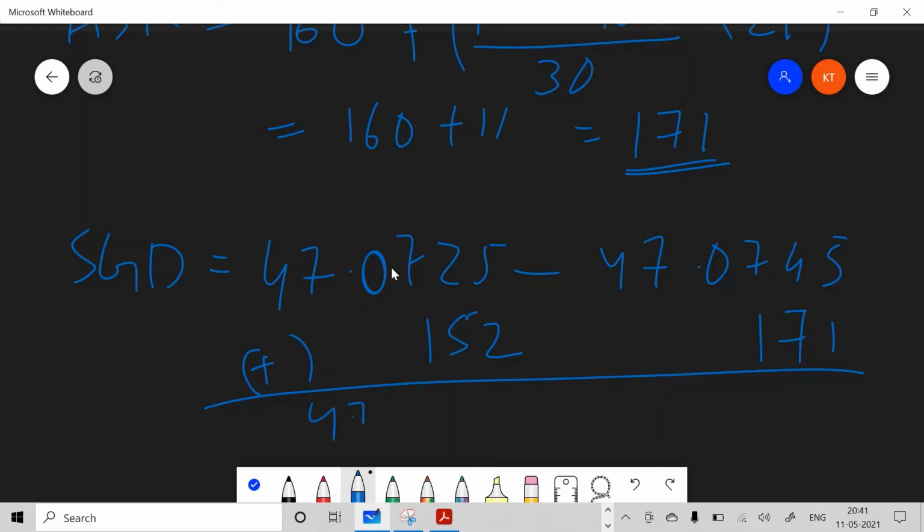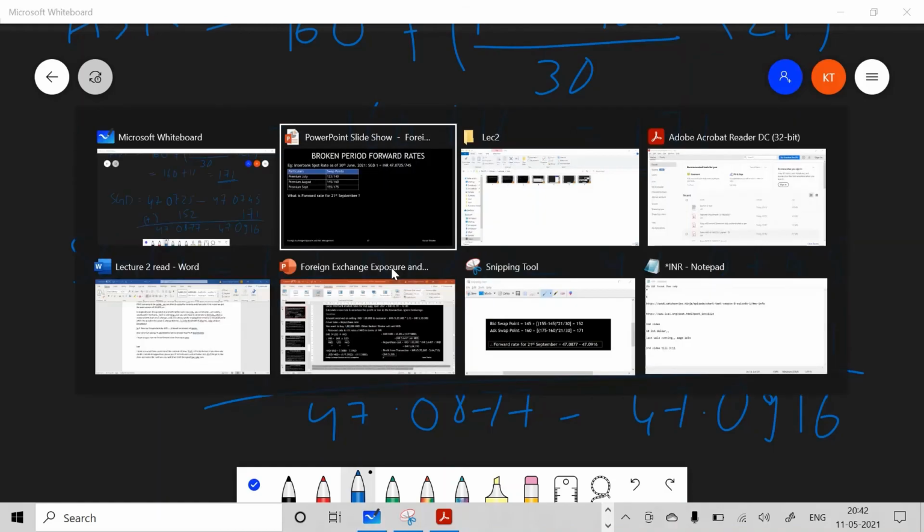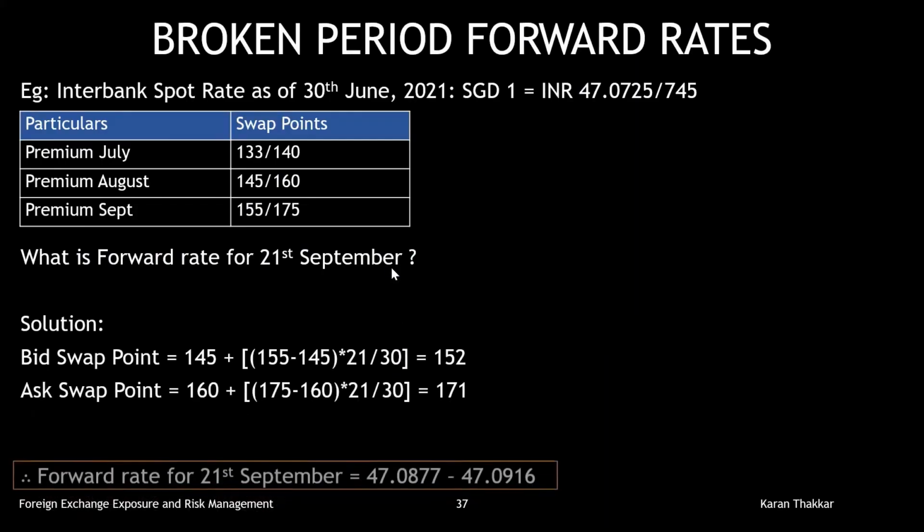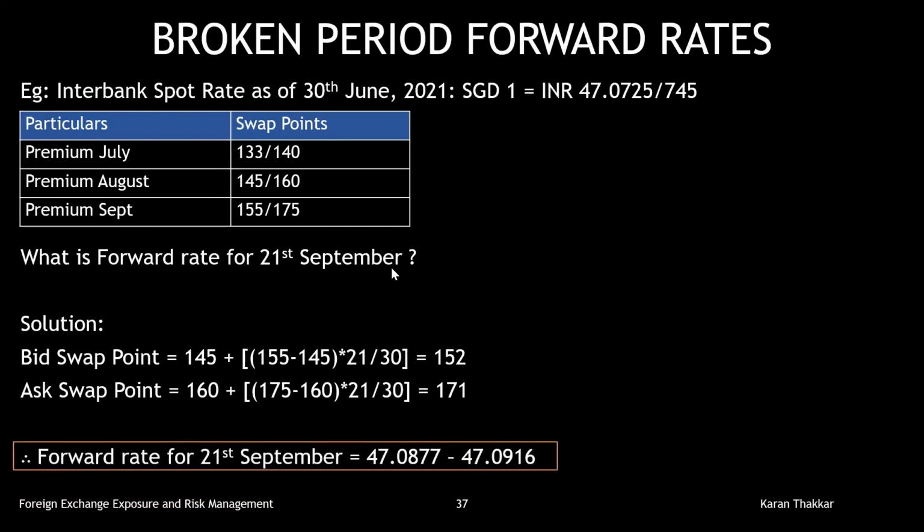On solving we should get 47.0877 and 47.0916. So here's the solution for the forward rates for 21st of September. I hope this is clear. The same one, and we have the forward rates.